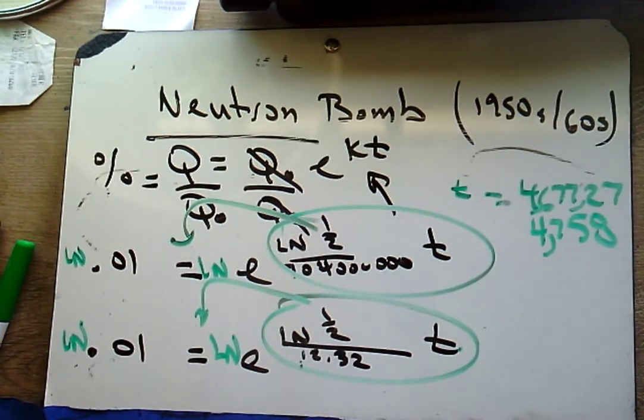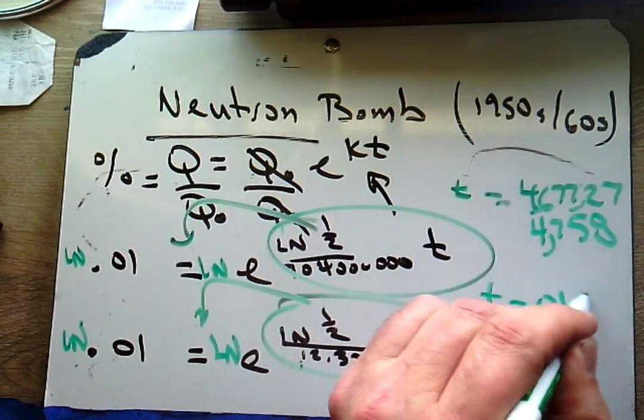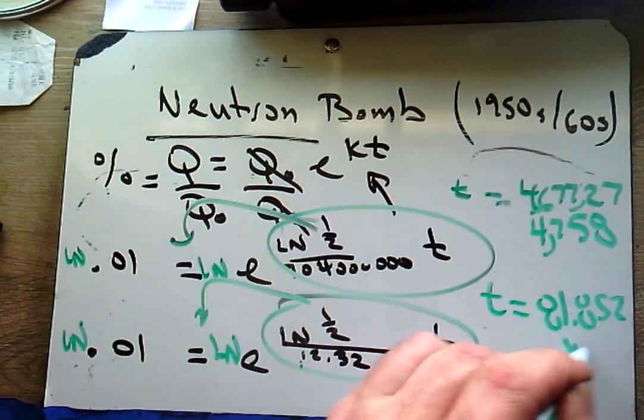I've got ln of 1 divided by 12.32, and then I want to divide by ln of, and I get t equals 81.852 years.